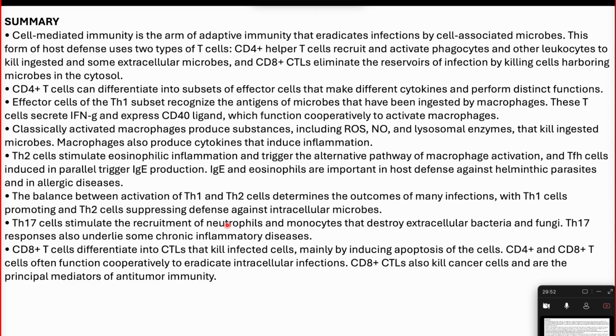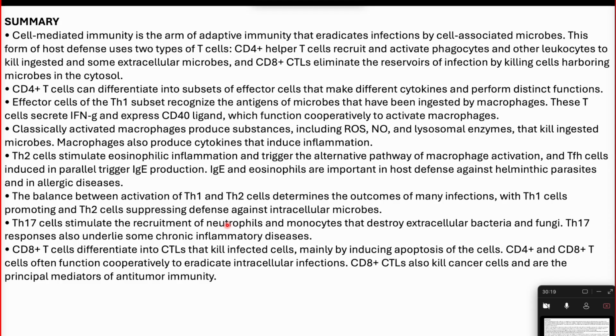Then the overall summary says, cell mediated immunity is the arm of adaptive immunity that eradicates infections by cell associated microbes. This form of host defense uses two types of T cells: CD4 helper T cells recruit and activate phagocytes and other leukocytes to kill ingested and some extracellular microbes.